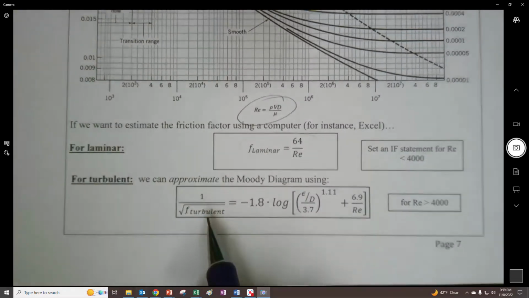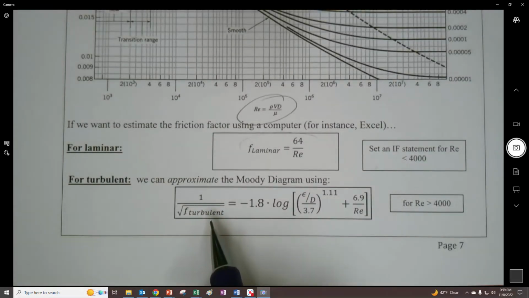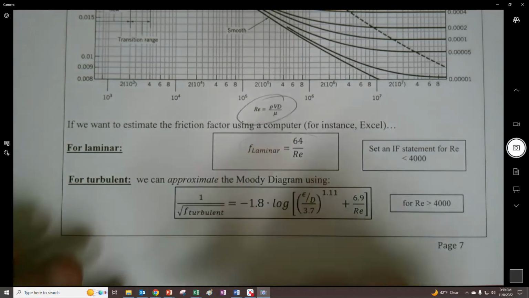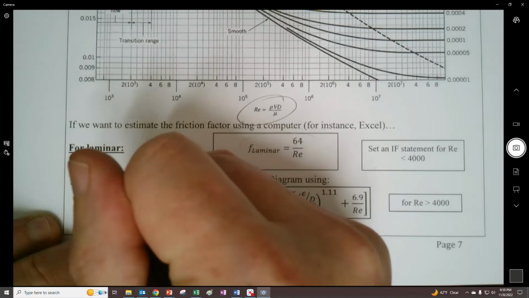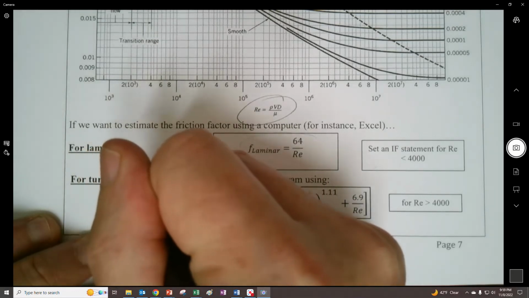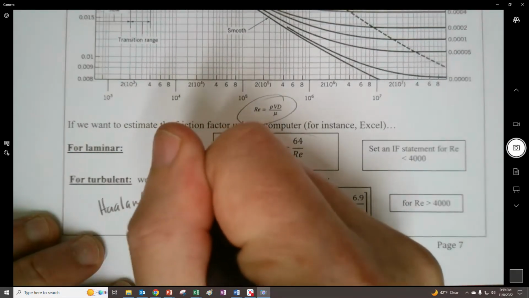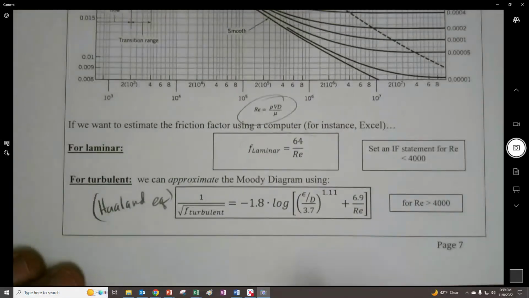And there's also another one that I hadn't seen before. I think it's called the Haaland. No, or maybe the Churchill. I think this is the Haaland equation right here. There's also one called the Churchill equation, but it's a longer process, a series of equations.